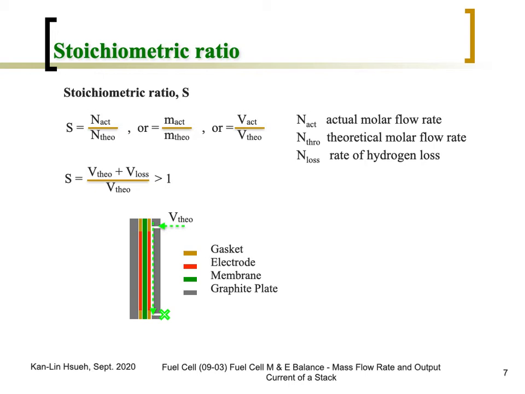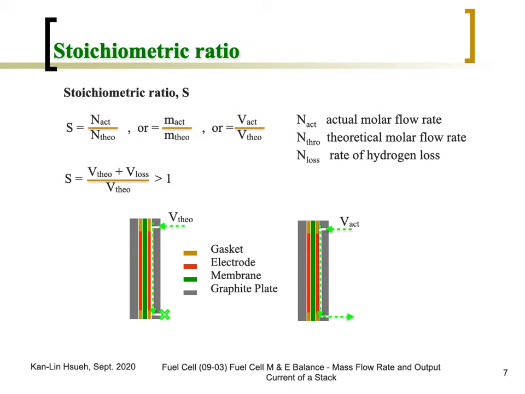As long as the hydrogen is consumed in the cell, on the electrode surface, then the pressure will decrease and more hydrogen will flow in. So the flow rate coming into a single cell, like this, is a theoretical flow rate. But in reality, sometimes there's gas coming out during the practical operation. So the actual flow rate is greater than theoretical flow rate.